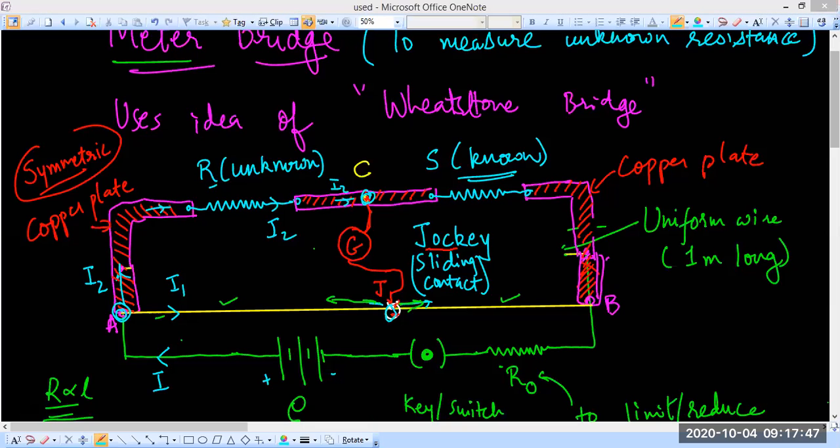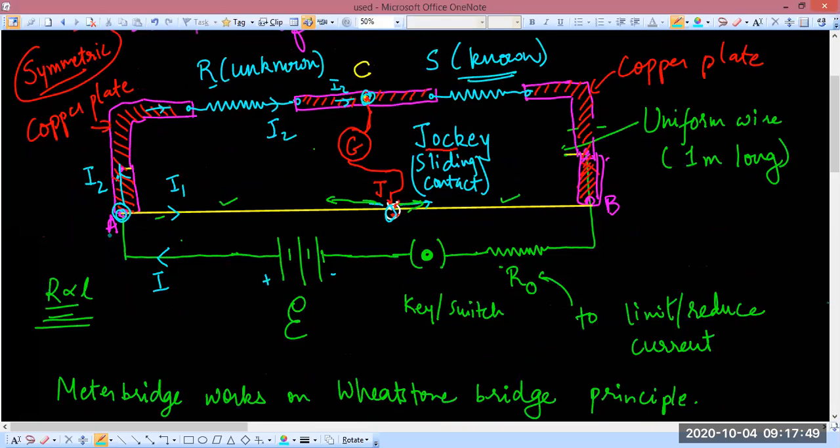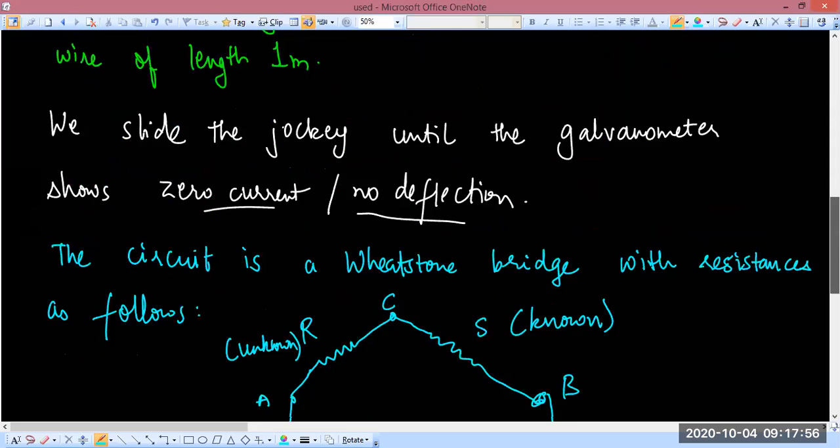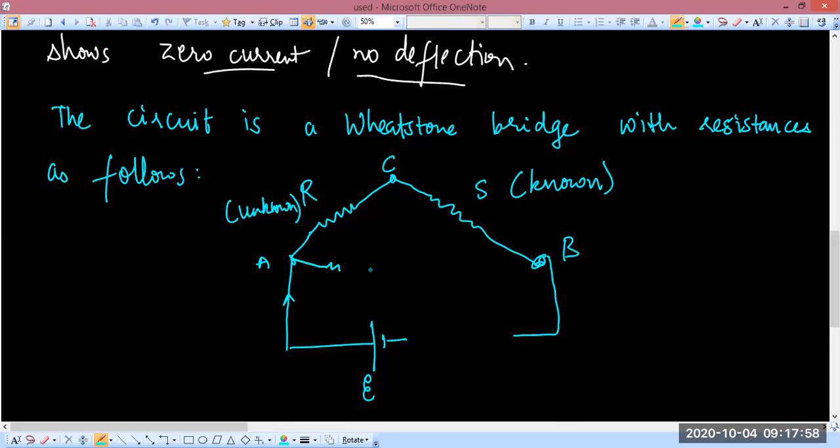Then, if you look at A to J, that is one part of the wire, right? So A to J, suppose here is J, is one resistor which is equal to the resistance of the wire from A to J. Did you understand this?